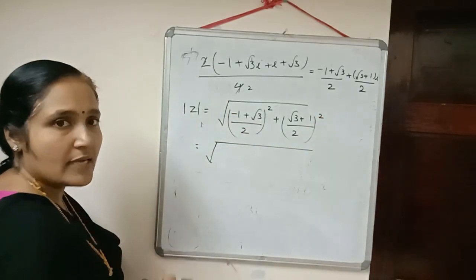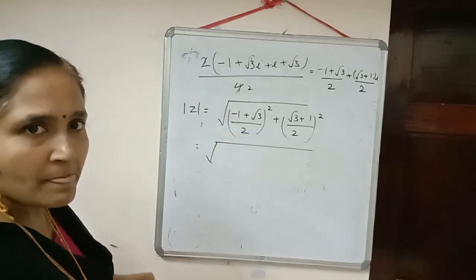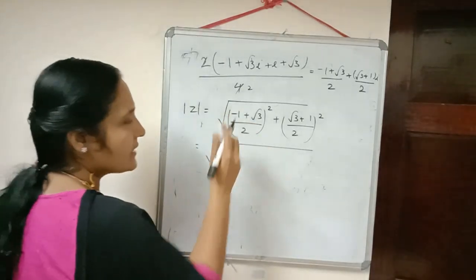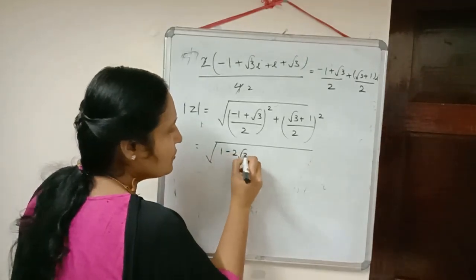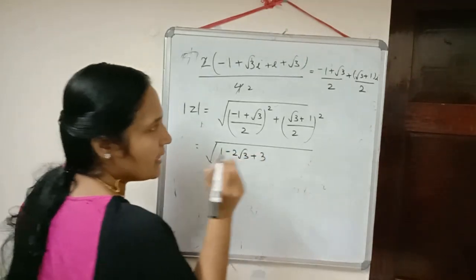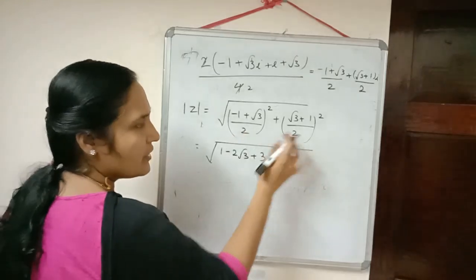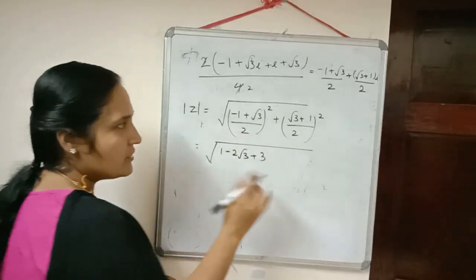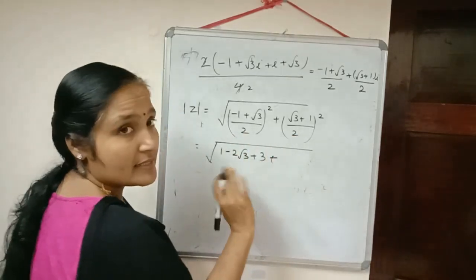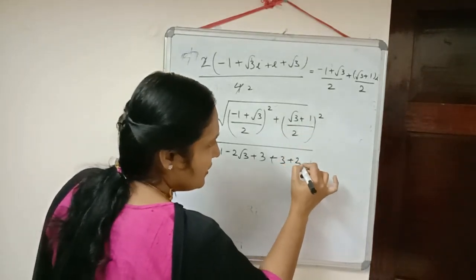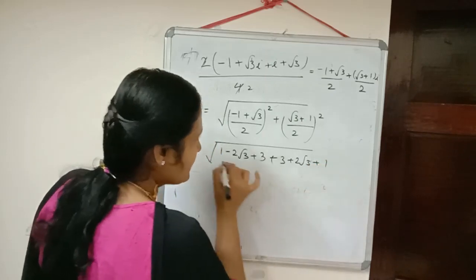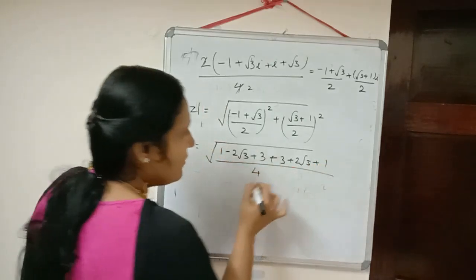Now here we can use the identity (a minus b) the whole squared. So accordingly a squared, so that will come 1, minus 2ab, 2 root 3, plus b squared, 3 by 4. Denominator will come 4 only, so directly we can write there. Denominators are equal. Here root 3 squared is 3, plus 2ab, 2 root 3, plus 1 by 4.